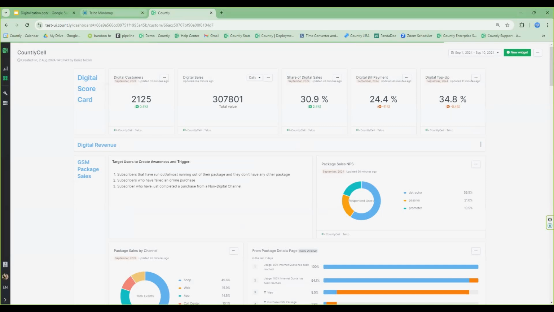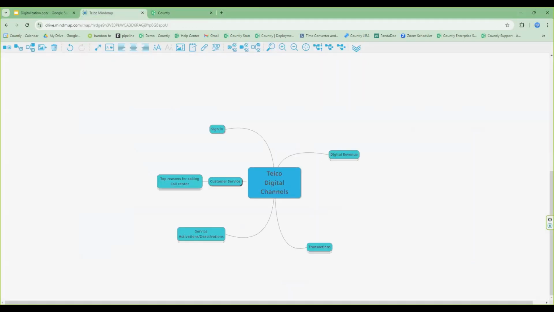Now, looking at these, the first step would be creating a mind map and mapping out all the factors that would play into making a digital channel work, while thinking about the digitalization of the customers. So first, we need to think through how they sign in, for example.